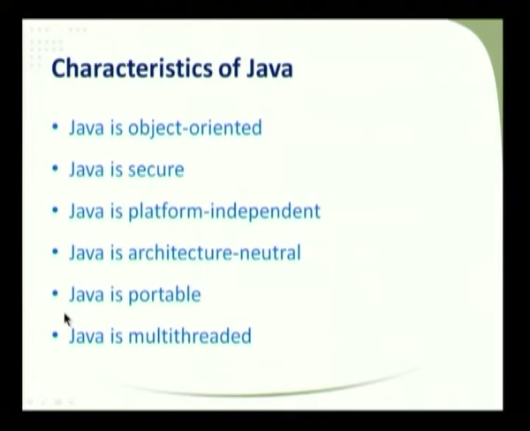Next, Java is portable. What is portability? You can carry your Java programs very easily and use them anywhere you like. Your Java is archived, in the sense that it is packaged in the form of a .jar file, that is, a Java archive file. If your Java program is a standalone program, it is named .jar.